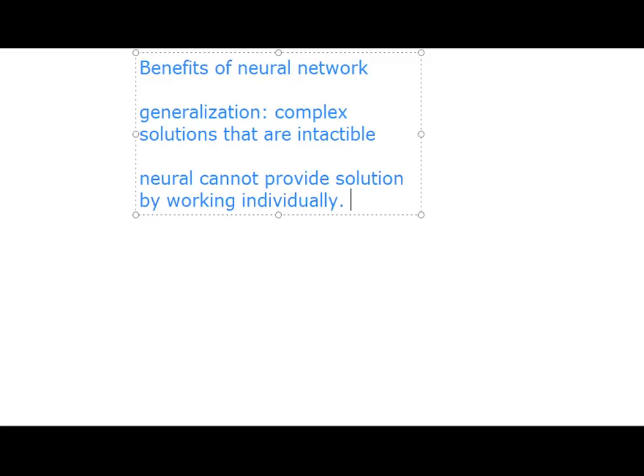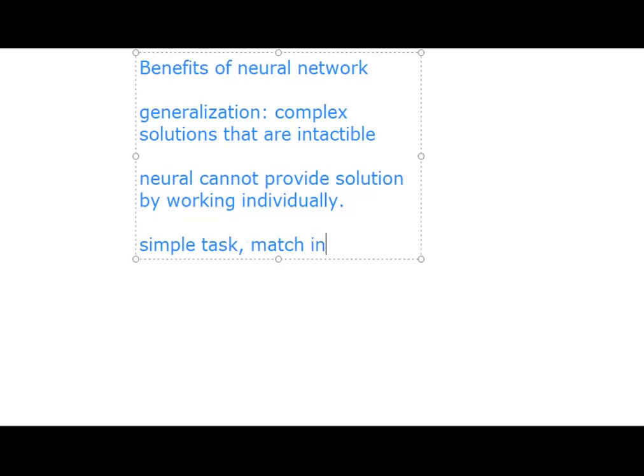Specifically, a complex problem of interest is decomposed into a number of relatively simple tasks, and neural networks are assigned a subset of the tasks that match their inherent capabilities.